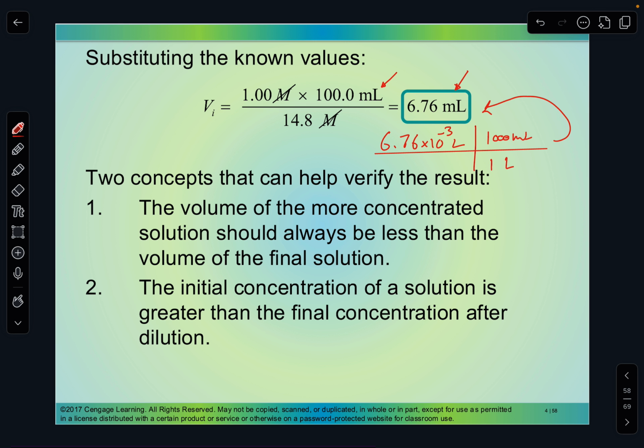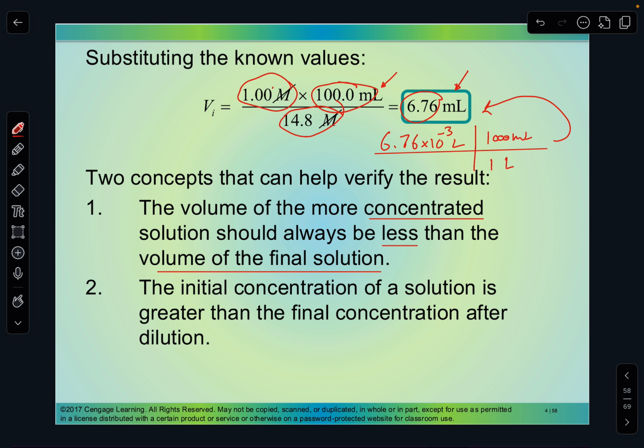Okay, so if you are unsure of what you are doing, this is how you can check. The volume of the more concentrated solution will always be less than the volume of the final solution. So that means that we had 6.76 milliliters and we had an M1 of 14.8. The M2 was 1 and it had more milliliters.